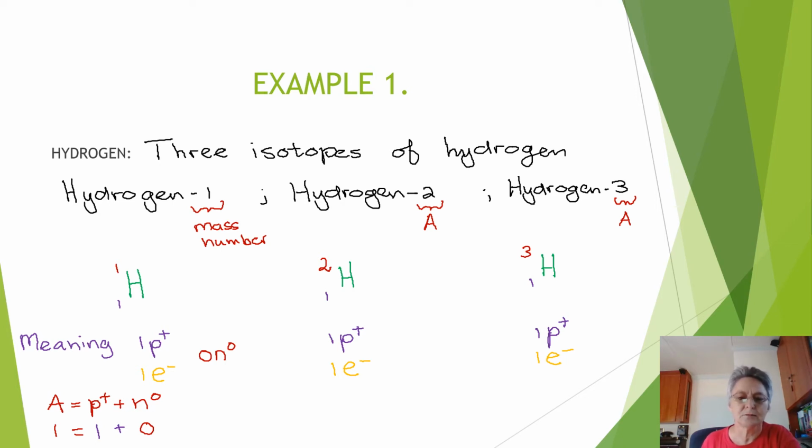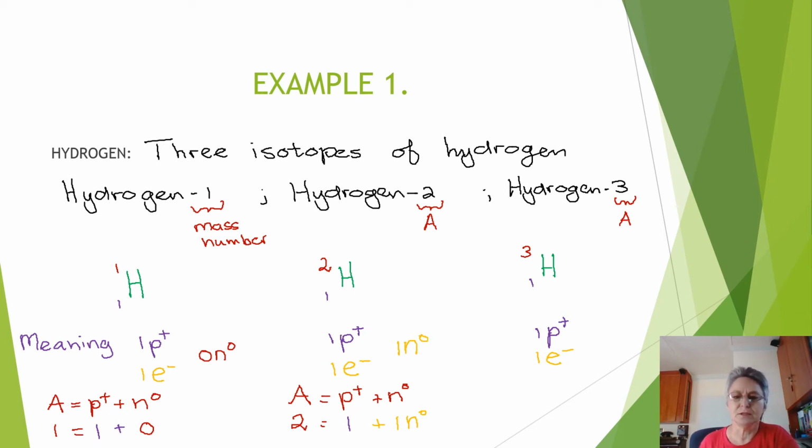In this atom of hydrogen, the mass number is the number of protons plus the number of neutrons. So if you've got 2 as a mass number, you have only 1 proton. How many neutrons do you have? You have 1 neutron.